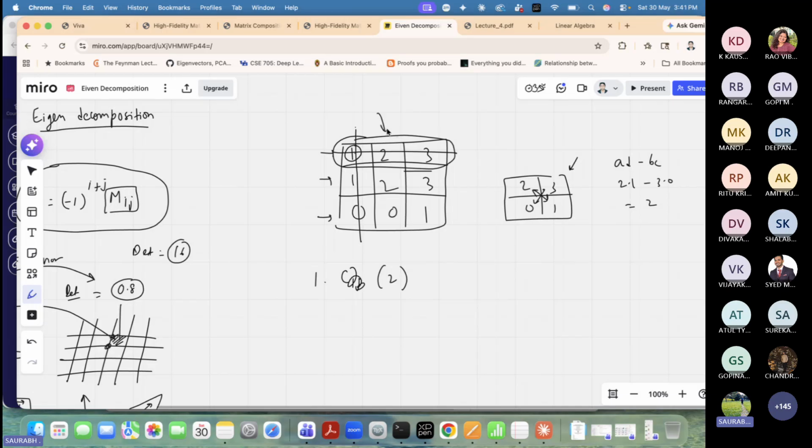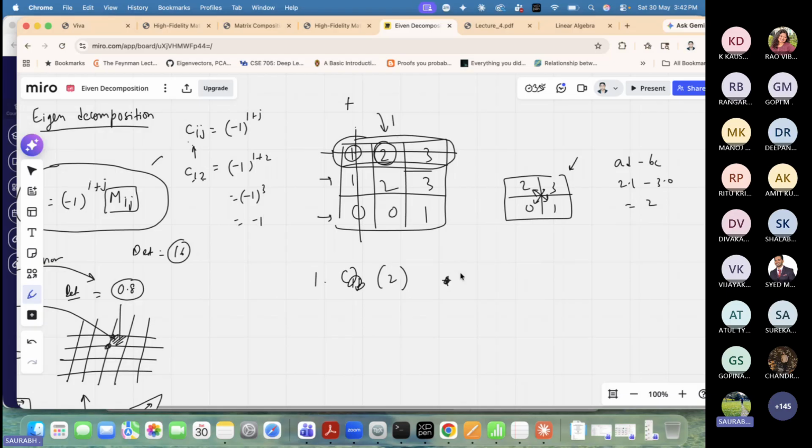Then you will go to the second value in that row, which is 2. I have already told you that it would be a checkerboard pattern, because if you think of the cofactor value, Cij is equal to minus 1 to the power i plus j. As soon as you move to the second value, which is C1,2, or first row, second column, it becomes minus 1 to the power 1 plus 2, which is nothing but minus 1 to the power 3, which is negative, right?